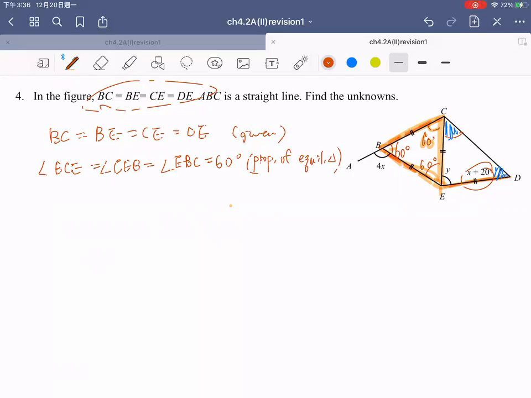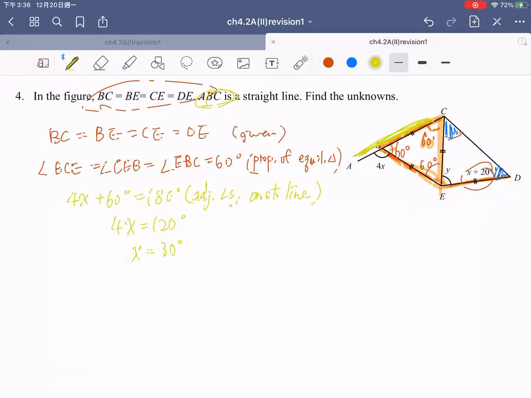And then because remember ABC is a straight line here, such that you can write x plus 60 degrees is 180 degrees using adjacent angles on straight line. Then you can have 4x is 120 degrees because 180 minus 60 gives you 120, right? So x is 30 degrees, right?